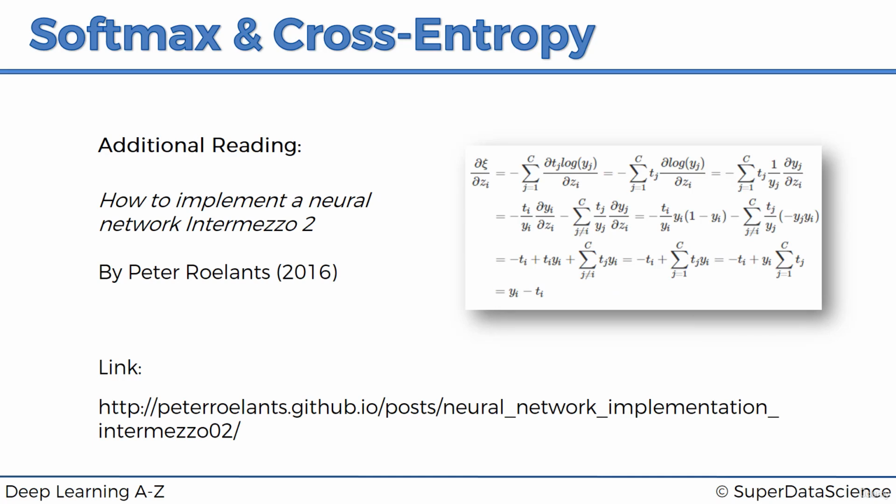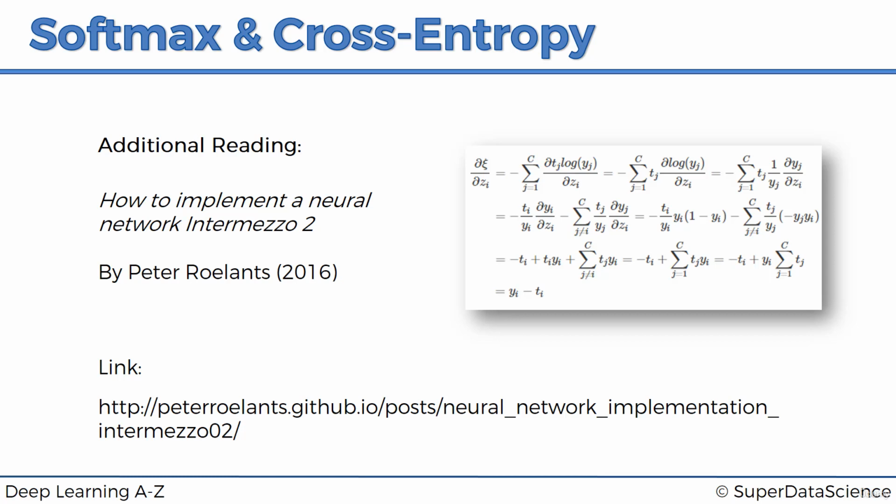If you want to dig into the heavy math, like what you see here, then check out a blog called How to Implement a Neural Network Intermezzo 2. Intermezzo is like an intermediary thing, like when you go to a theater and you have a break between the first part and the second part. Because he's going through all these steps, and then he says, oh, I've got to explain this first.